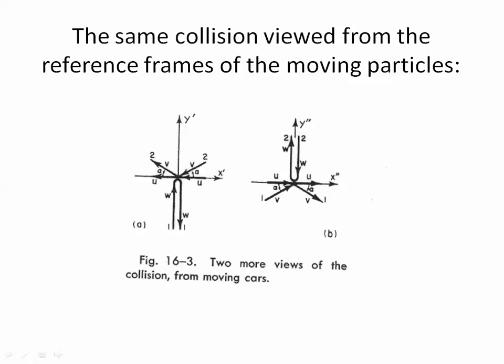Object 2 still approaches the collision from the upper right and exits to the upper left. The path that object 2 takes in S' has a shallower angle with respect to the x' axis than the angle theta divided by 2 in the diagram on the previous slide. We denote this new angle as alpha.